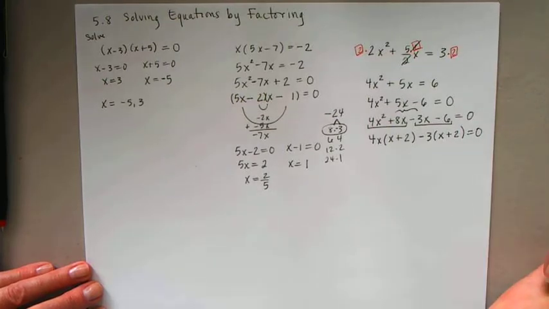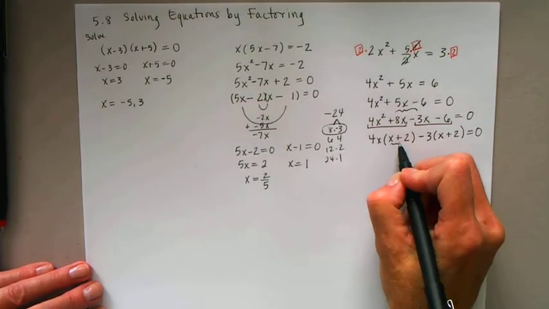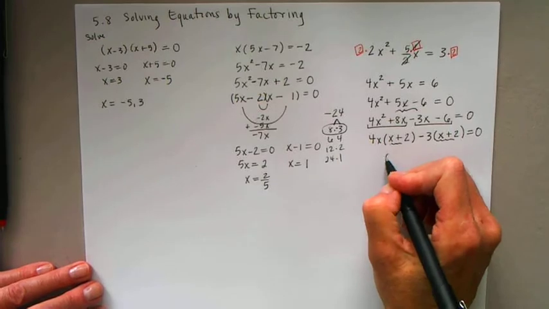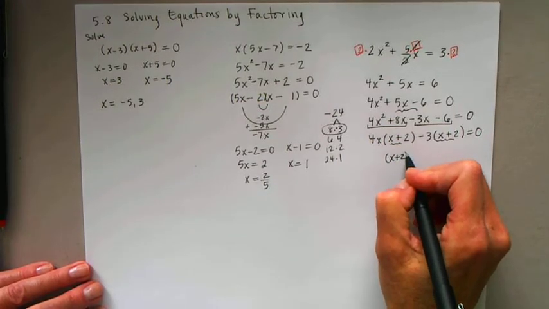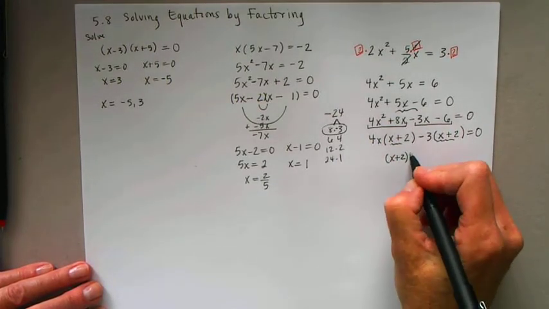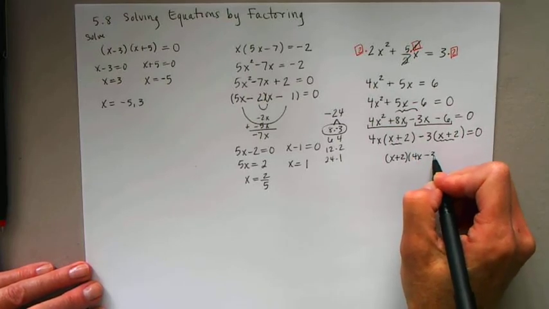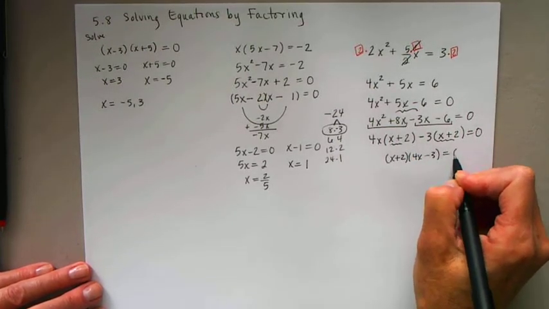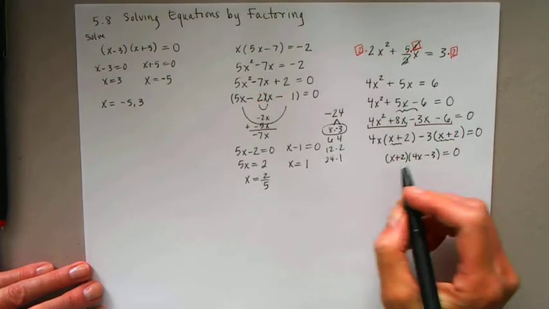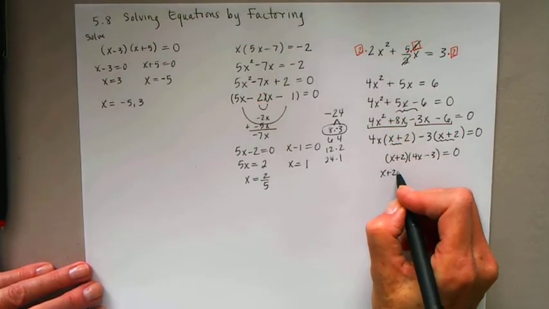Still equal to 0. Now pull that common factor out. So I'm going to pull x plus 2 out of both terms, leaving me 4x minus 3. Alright, now set each factor equal to 0 and solve.